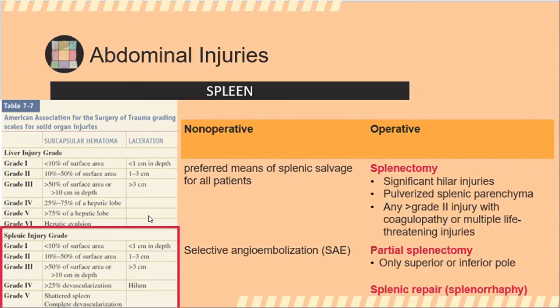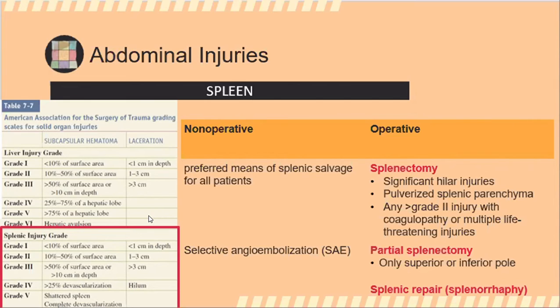If grade 3 or higher in high-end centers, we can do angioembolization. So yun nga, angiogram, hanapin yung bleeding vessels and embolize. Pag severe injuries naman, grades 3 to 5, we can do operative intervention.